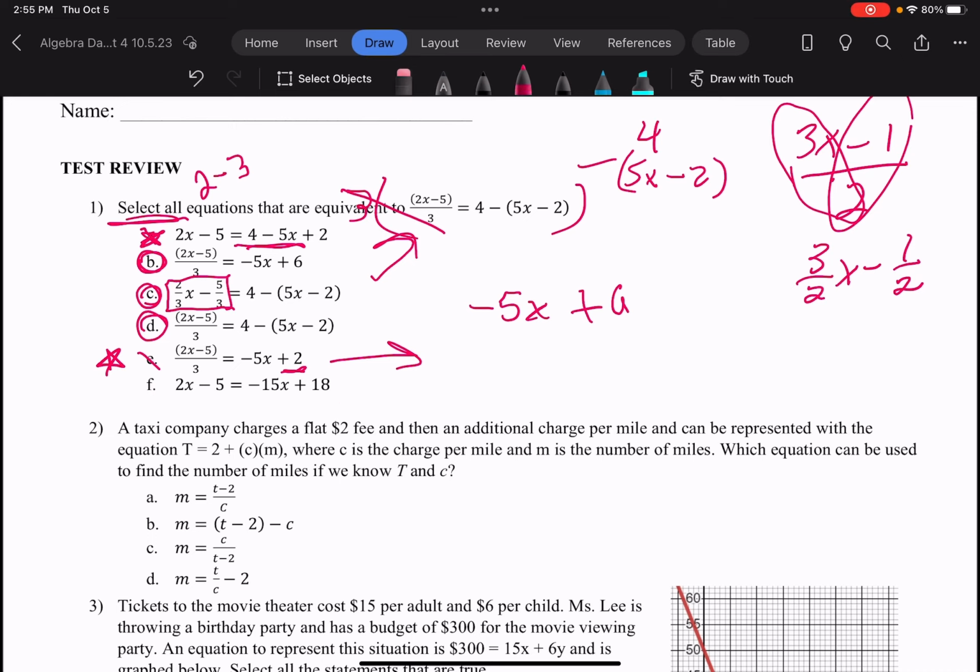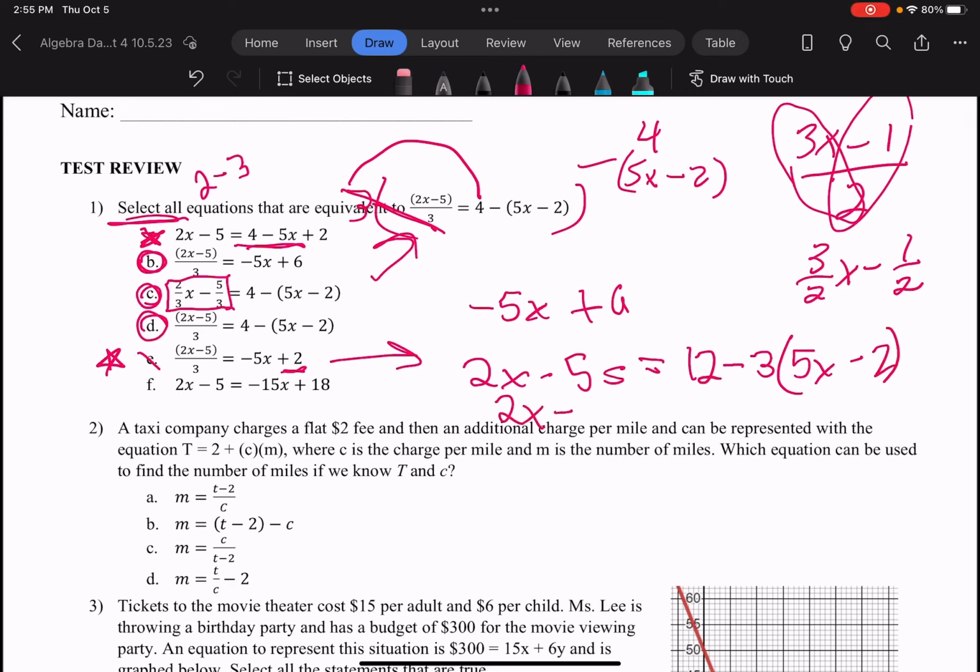The 3 cancels out, and so you're left with 2x minus 5 on this side, and then you multiply 3 here, we get equals 12 minus 3 times 5x minus 2, and so we end up with 2x minus 5, sorry, I wrote the equal sign twice, equals 12 minus 15x plus 6.